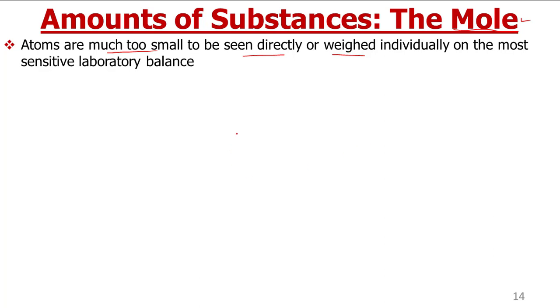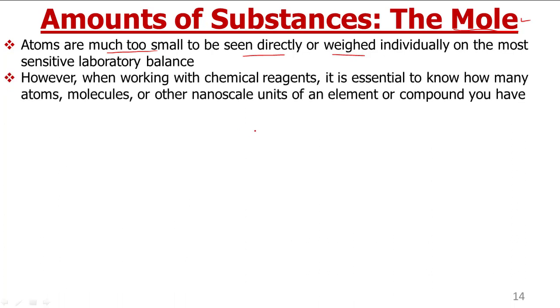like I said, with the help of a mass spectrometer. But whenever we study some chemical reaction or chemical reagent, many times we require to know the number of atoms or molecules or other nanoscale units of an element contained in that weight. Suppose we have 1 gram of NaCl. Now I want to know how many molecules of NaCl are present in 1 gram.